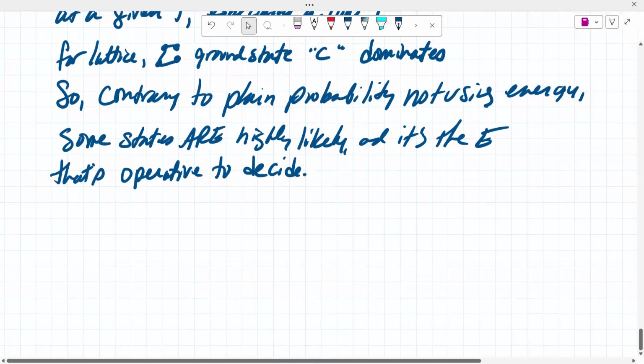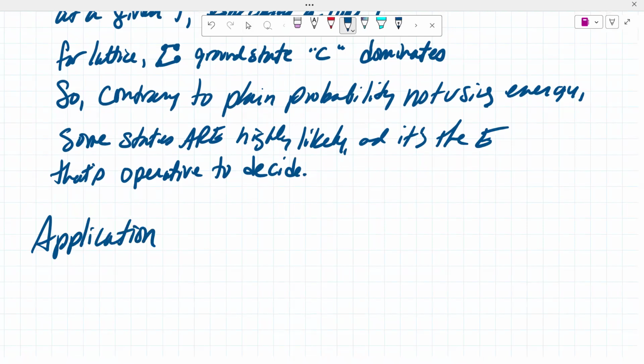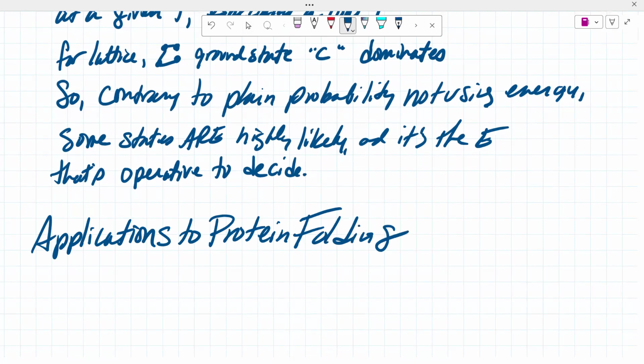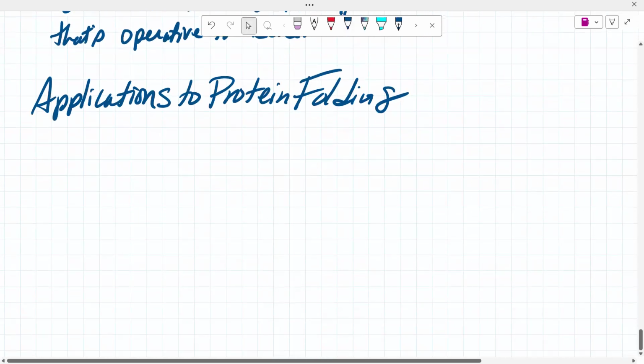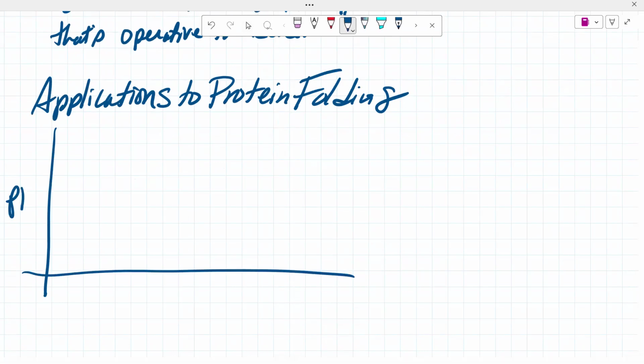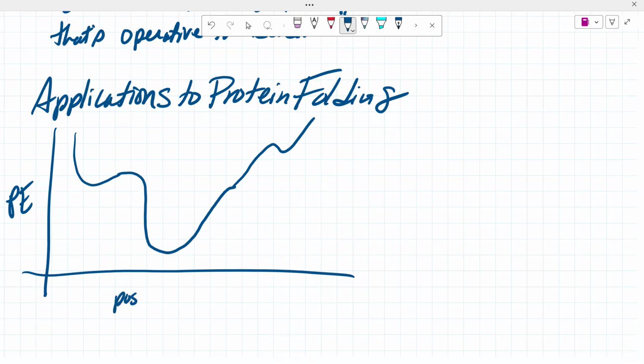We can apply this to protein folding. Of course that's just a lattice peptide, but this actually makes sense for real proteins as well, which we cannot actually calculate exactly. So we might have some potential energy, and then some position.